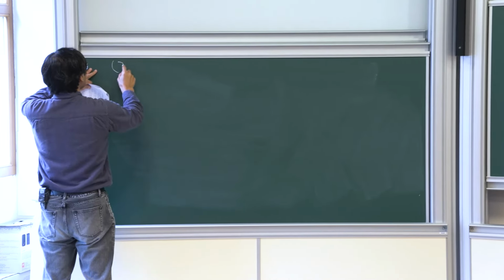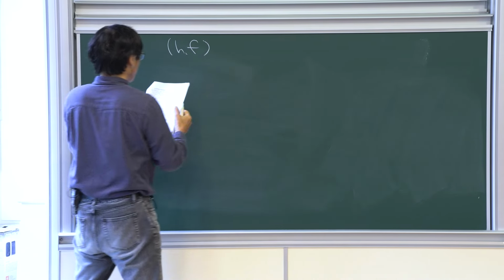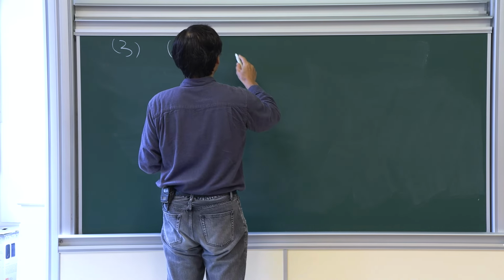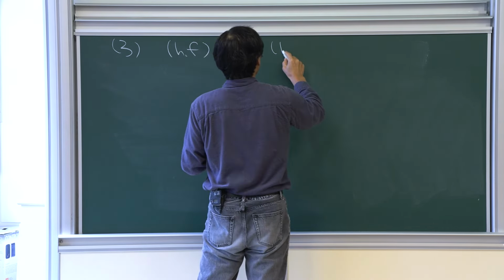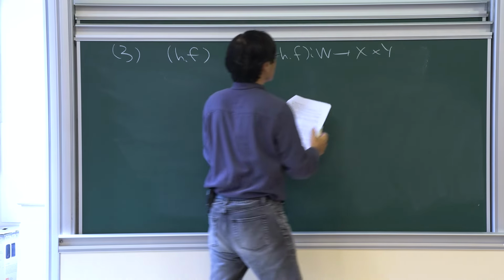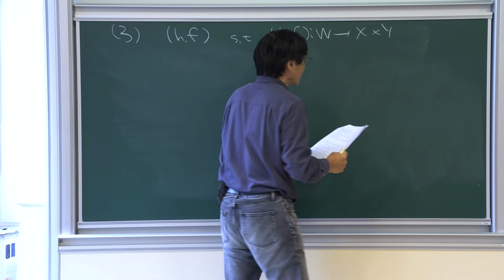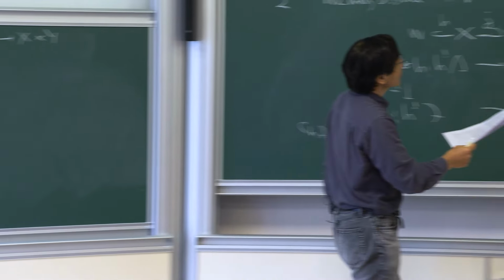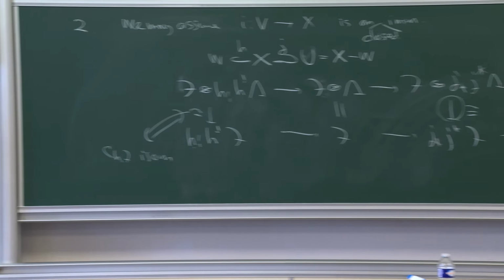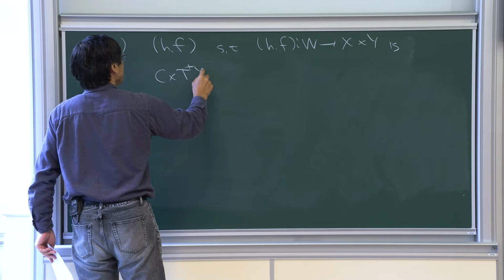And I have one more equivalent condition. We consider h and f as before, such that this pair, we regard this as a morphism from W to X cross Y. And last time I said that this condition is the same as this being C cross T star Y transversal.